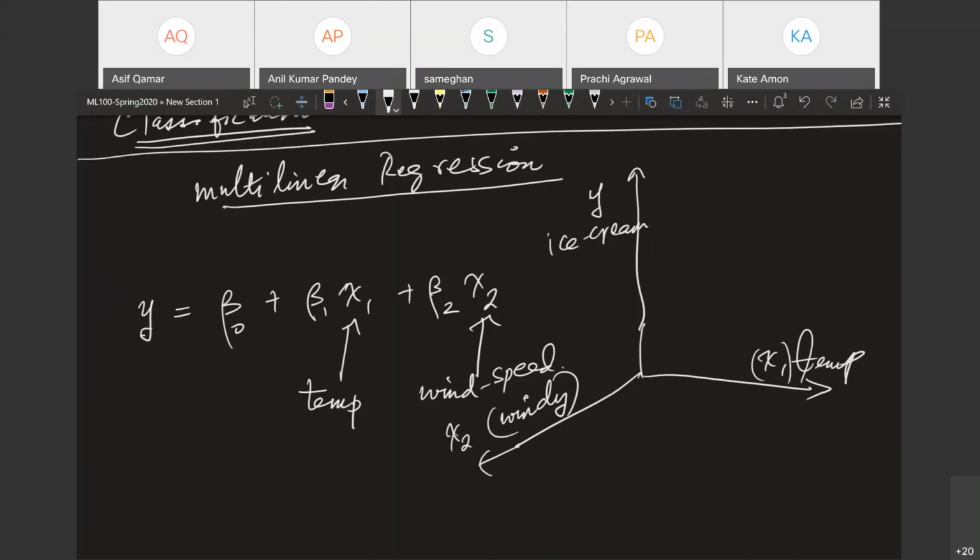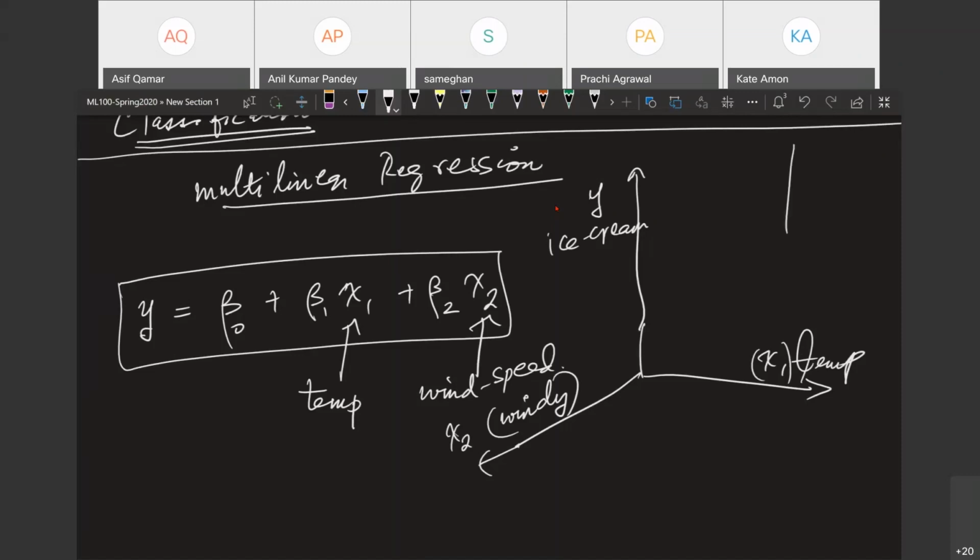All right. So far so good. Are we getting this, guys? It's a very simple generalization. But what does this equation represent? We realize that in one dimension, when there was only one predictor, a regression represented a line. But in two dimensions, what do you think the regression equation will represent? Can somebody guess it? Plane.